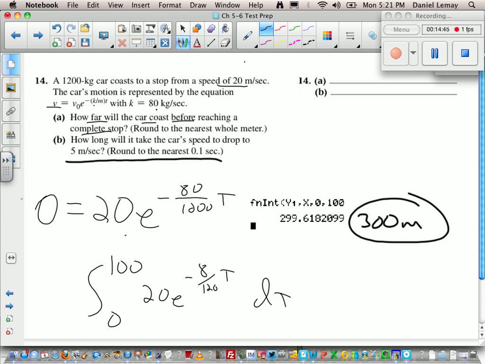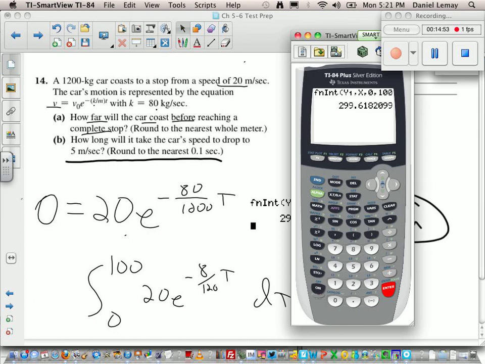Then they're asking me, how long will it take this car's speed to drop to 5? Well, this is just a pre-calculus, algebra 2 kind of idea. All we're going to do is go back to the functions. I'm going to have it graph the equation y equals 5. I remember I have to change my window because I was only going up to 3.1.